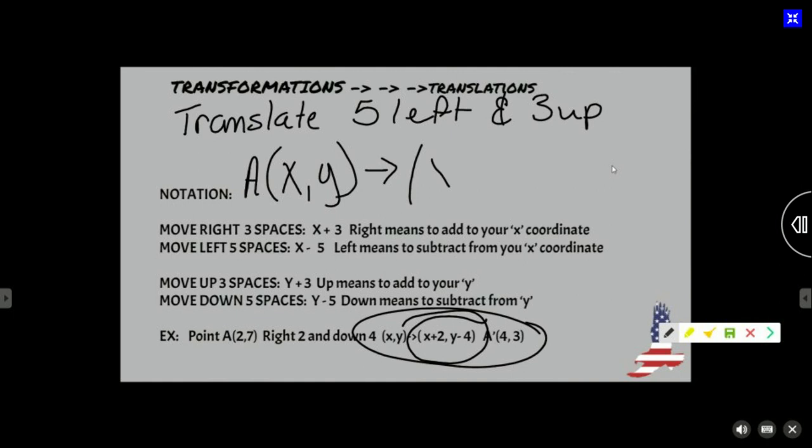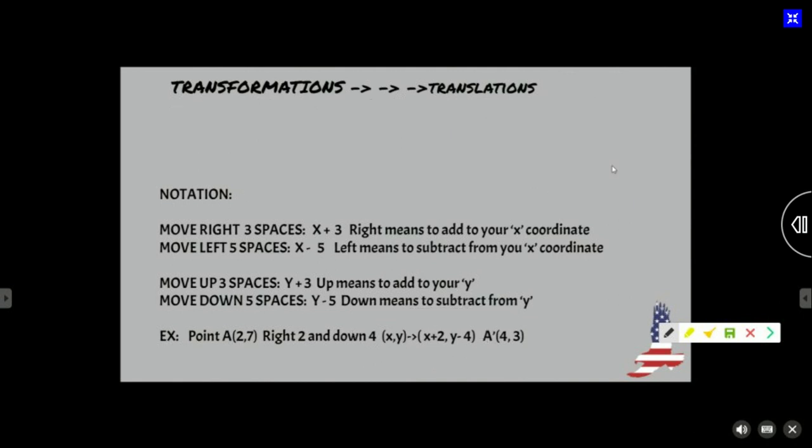X minus 5, 5 left, right? Somewhere on your paper you should right now have written down left means subtract from X, right? So, and then 3 up, Y plus 3. Notation. This is how you write the rule.